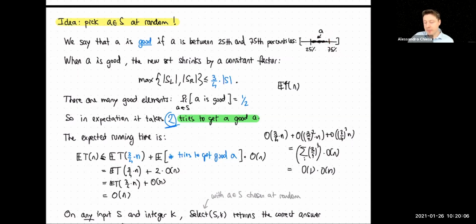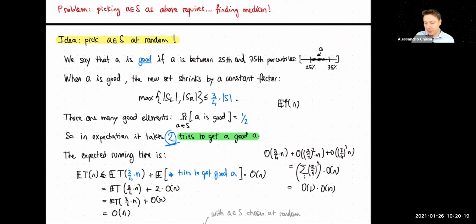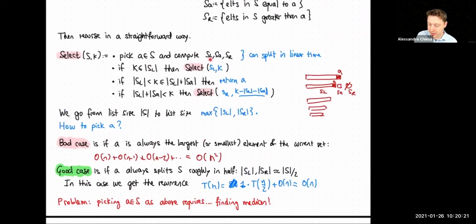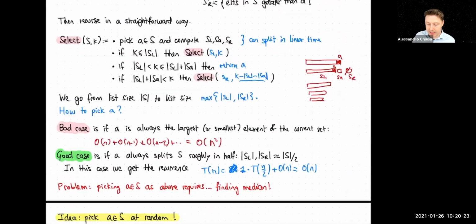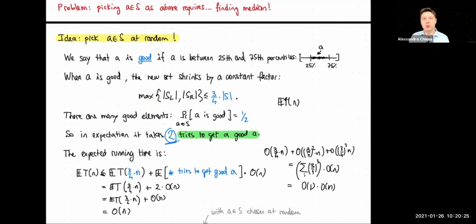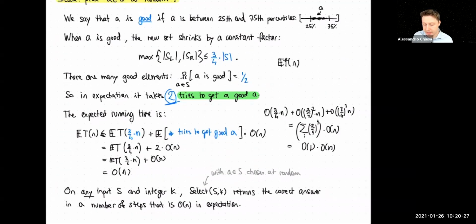If you get a bad A, you try one more time. And then I recurse. When I recurse, I go back and compare again. I create the 3 buckets with respect to A, and then I recurse. So I only recurse when I have a good A, which ensures that my problem size goes down by a constant factor.